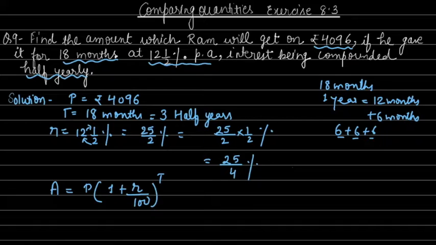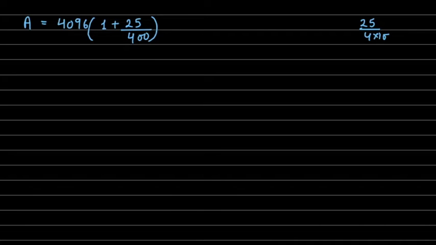Now let's place the values in this. Amount you have to calculate. Principal is 4096, 1 plus r upon 100, right? Because it was 25 by 4 into 100, we can write it as 25 upon 400 and the time period is 3 because 3 half years are there.